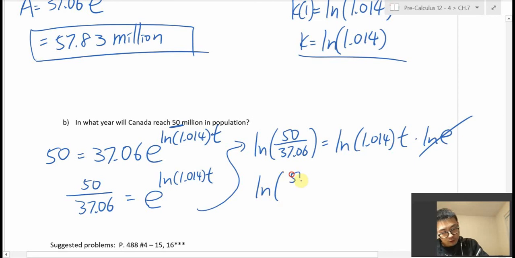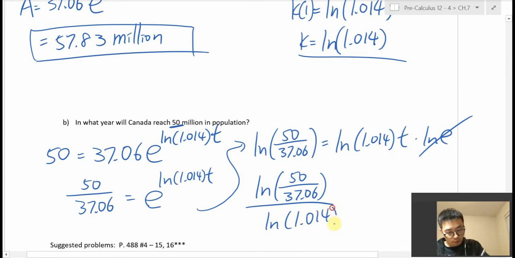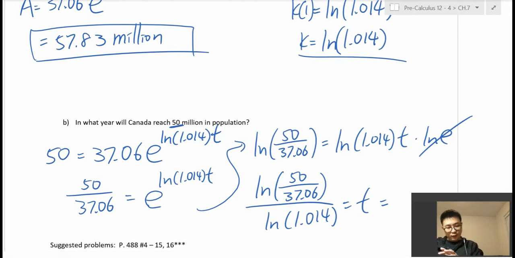So your final answer is going to be ln of 50 divided by 37.06, divided by ln of 1.014, equals t. Put this into a calculator. All right, here we go again. Ln of 50 divided by 37.06 divided by ln of 1.014.